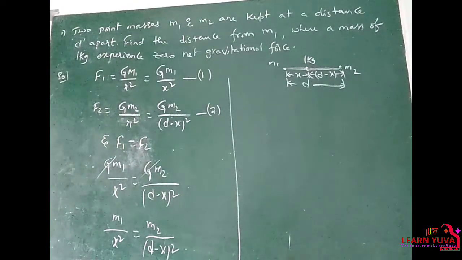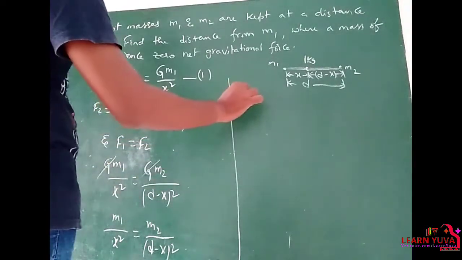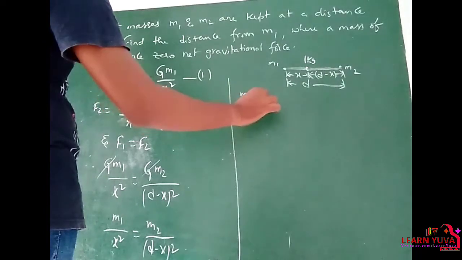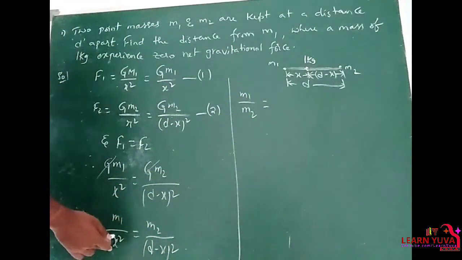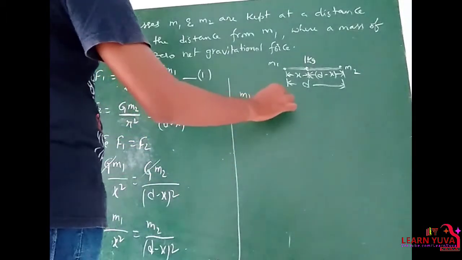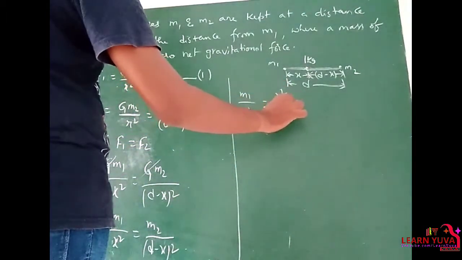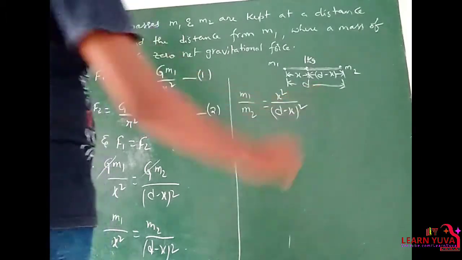So write M1 by M2, cross multiplication. Send this M2 to this place and x square to that place. So M1 by M2 is equal to x square by d minus x whole square.